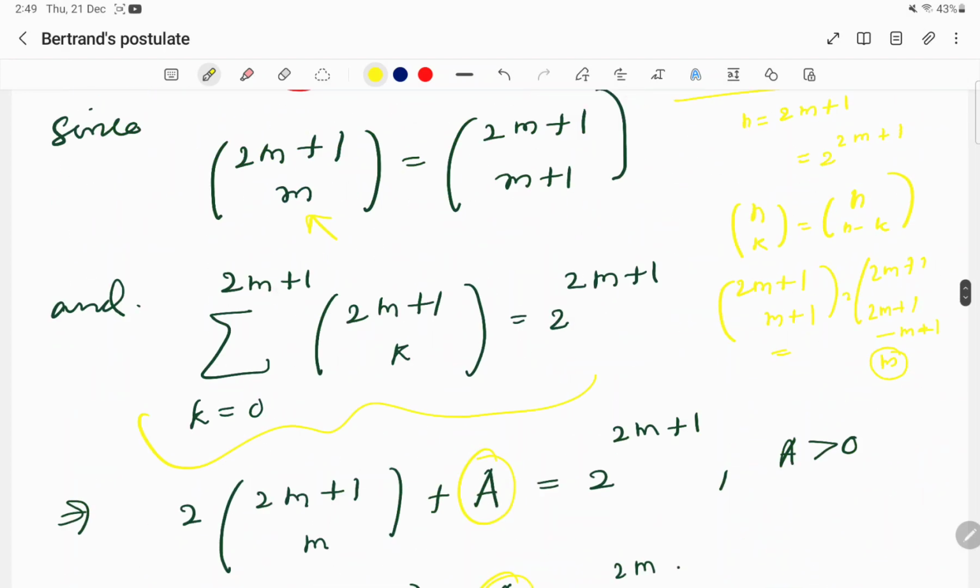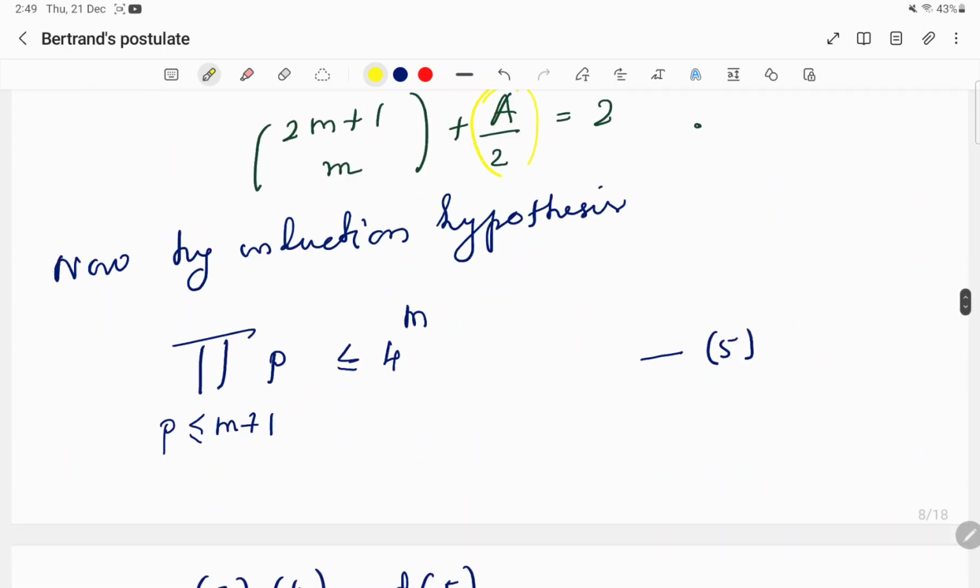Using all these facts, we go back to the induction hypothesis. What is the induction hypothesis? Whenever it is less than q, that satisfies the idea. So here we have x equal to m plus 1, so the product is less than or equal to 4 raised to x minus 1, and m plus 1 minus 1 is m. So this is directly from the induction hypothesis.